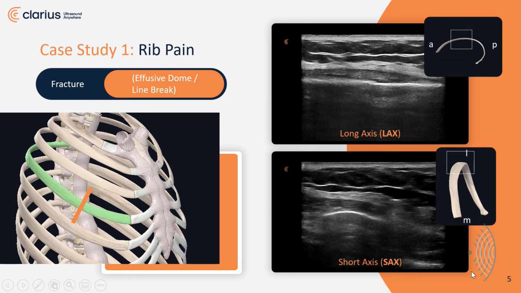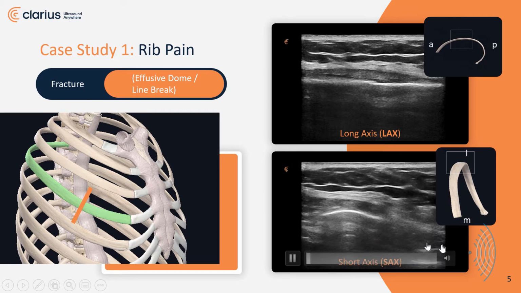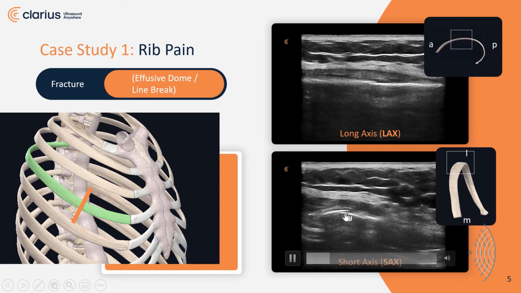Pulling up the image, you will see the periosteal echo, the hyperechoic line that you're going to be expecting to see in a crescent shape when you take a look at a rib. And as I move that rib from front to back, you're going to see uniquely, starting on that side, the actual structure change.